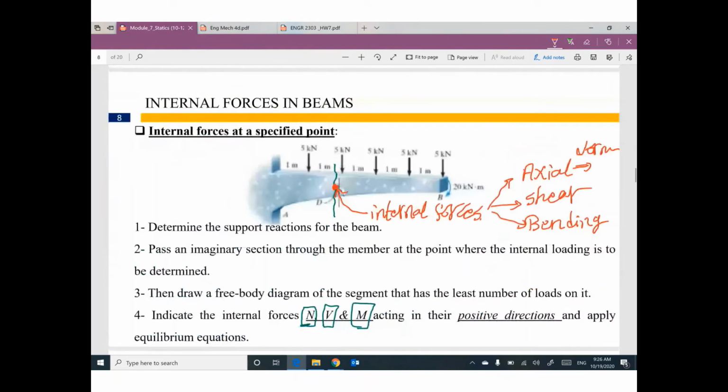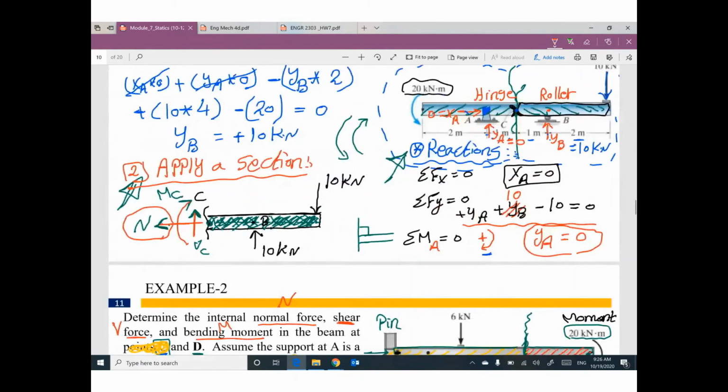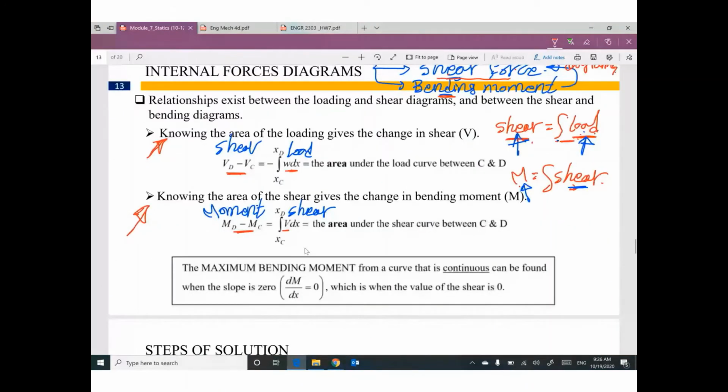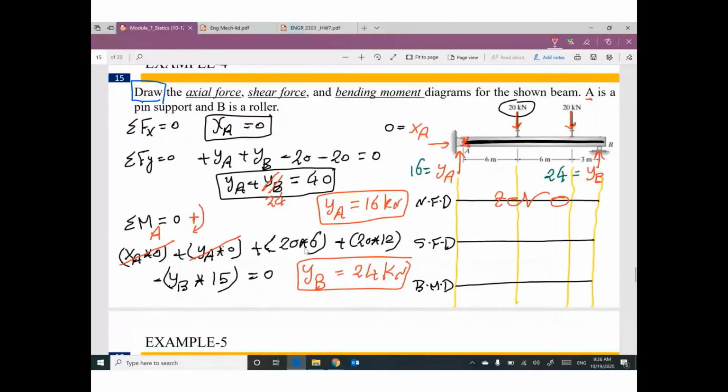So I will focus in this example on YA, 20, 20, YB. Why only these forces? Because these forces are perpendicular to the beam. How can I draw the shear force diagram? Very simple.